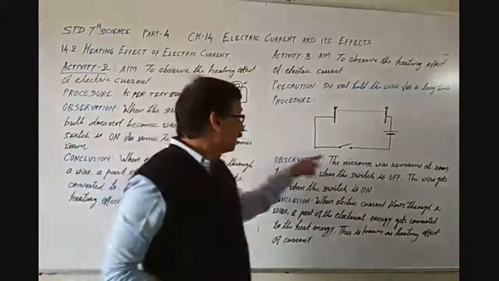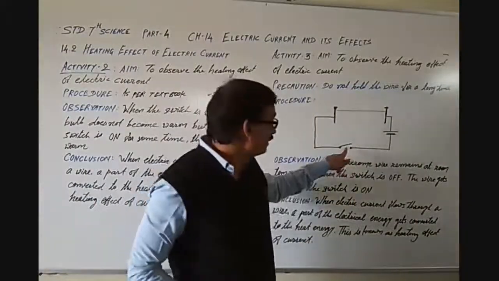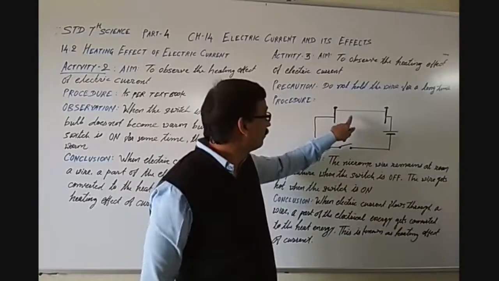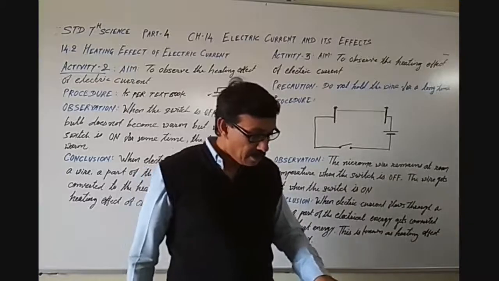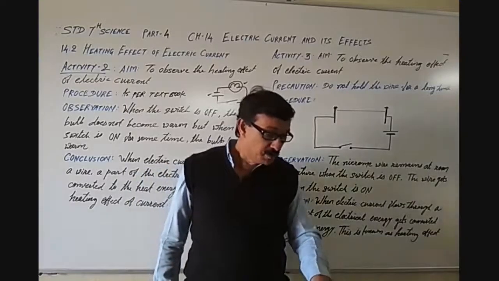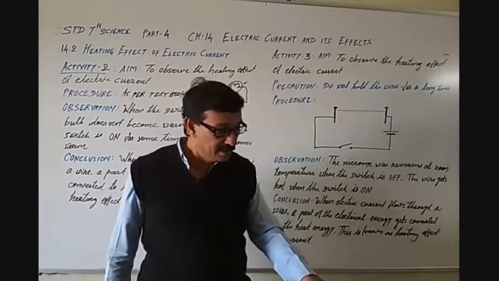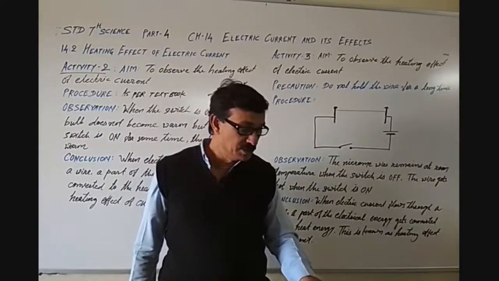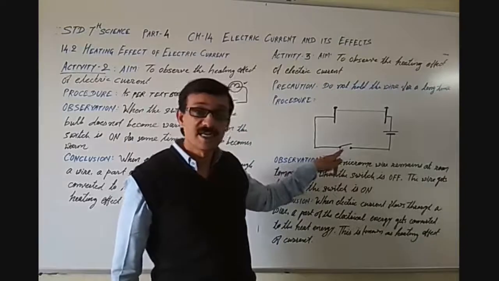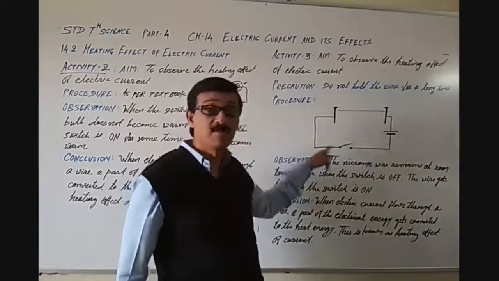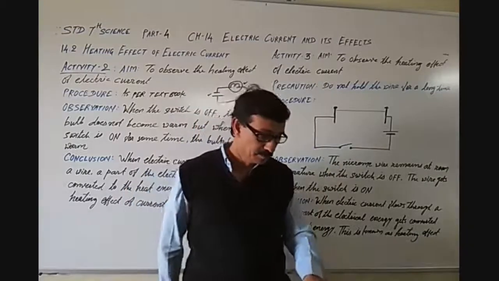With the switch in the off position, touch this nichrome wire. Then switch on the current in the circuit by moving the switch to the on position, so that the electric current will pass through this circuit.